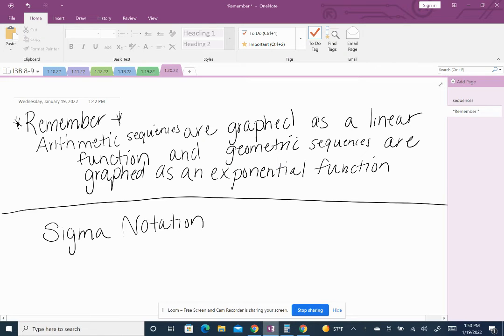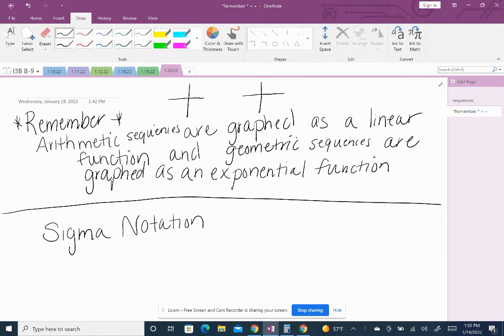All right, guys. So remember, last week we graphed arithmetic sequences as well as geometric sequences. The arithmetic ones were linear. Actually, let me redo that. Let's say this is your x and y. We started off at 1. So your graph for this one looks something like this for a linear.